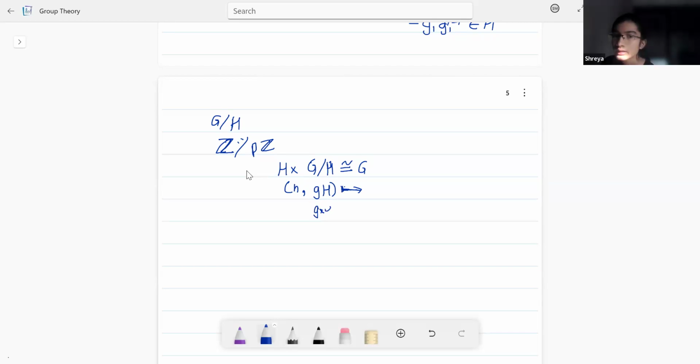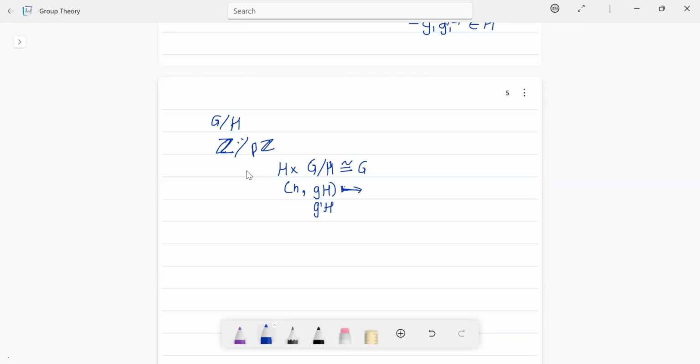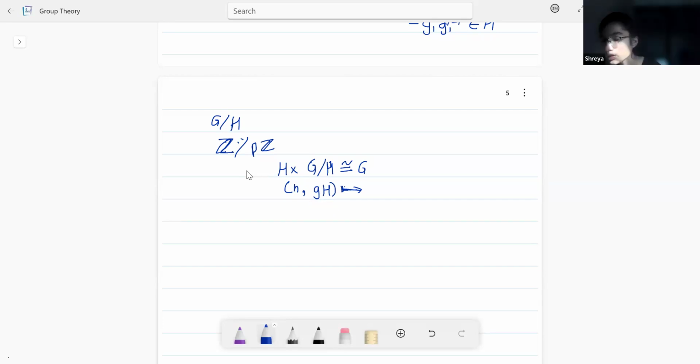G is not unique. G might depend on how you're representing. You can also have GH equal to some G prime. Can't H have multiple isomorphisms? Yes, but how to do the isomorphism? I think you would have to do them very artificially. Not in a good way.